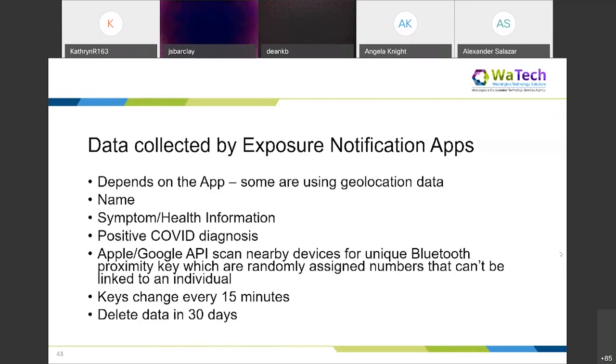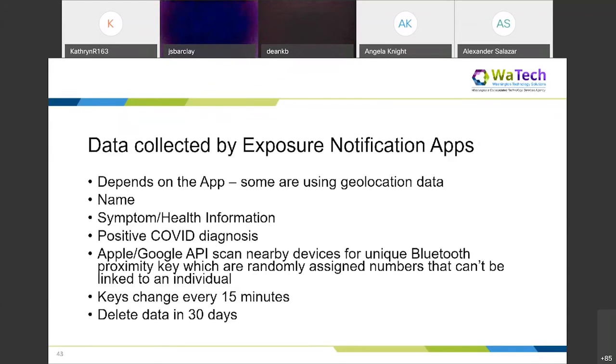But the apps at least are collecting sometimes the name of the individual and then the symptom and health information that they're checking on symptoms. There's the positive COVID diagnosis. So some of the discussion about some of the challenges with these apps is whether, if people have to report themselves whether or not they have a positive test, somebody could falsely report that they have a positive test.